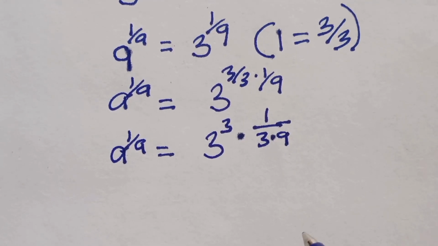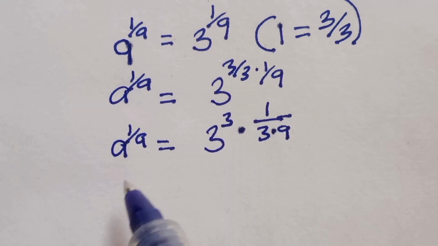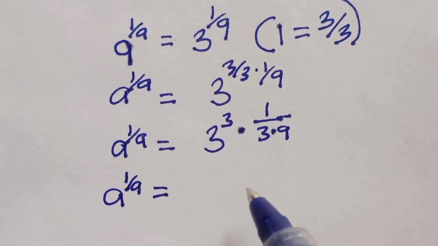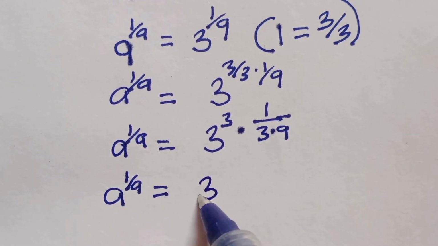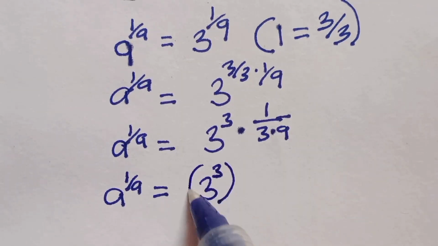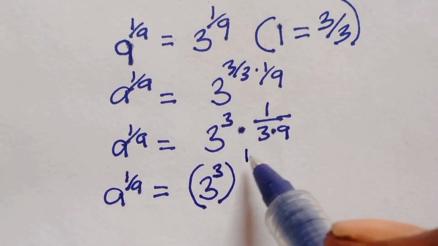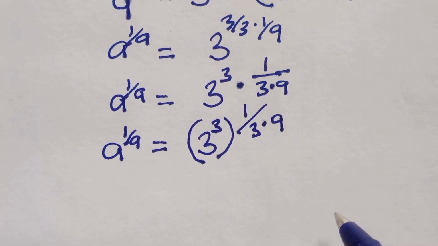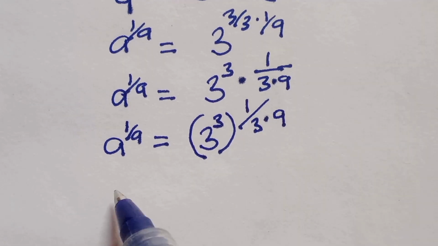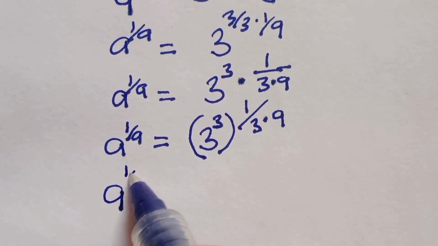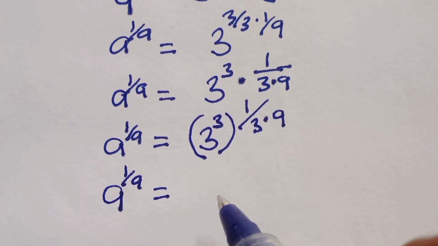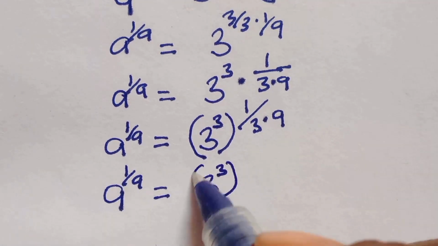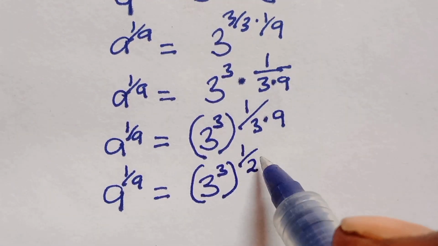So from here, what we have in our left hand side, a, now gives us 3 raised power 3 into bracket 1 over 3 multiplied by 9. Yes. So from here, we are having a raised power 1 over a to be equal to 3 raised power 3, everything close brackets, by 1 divided by 27.